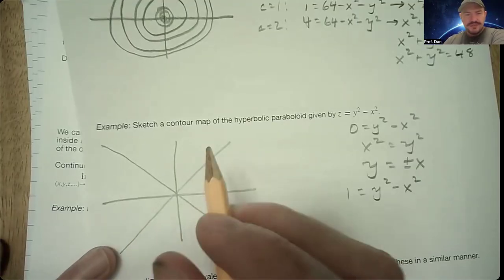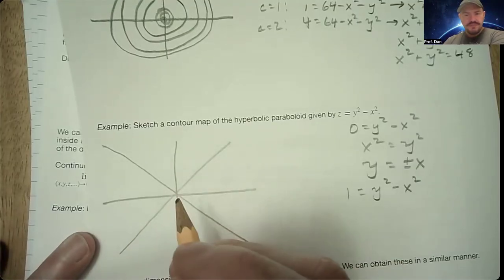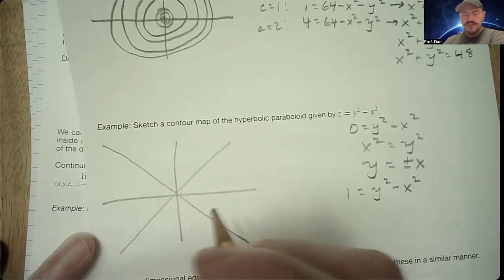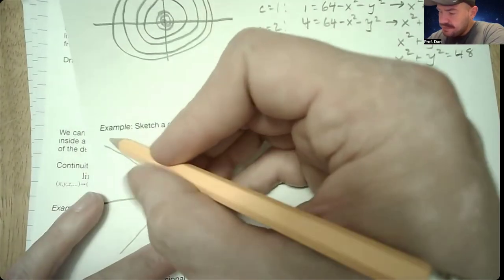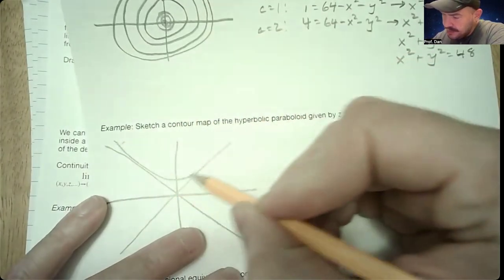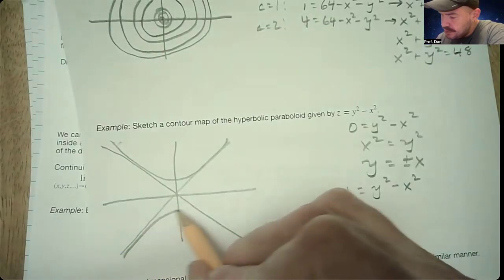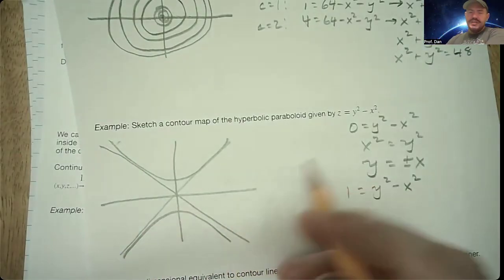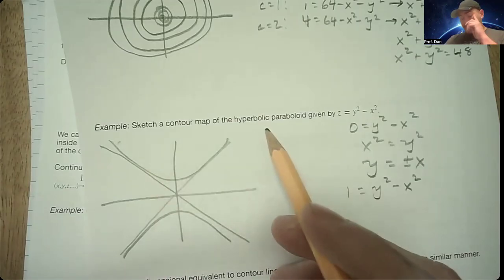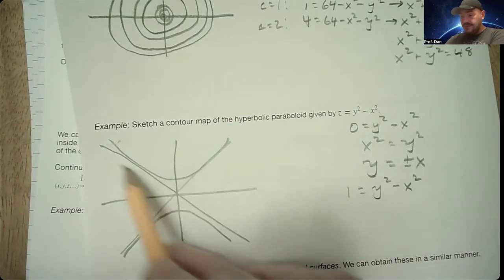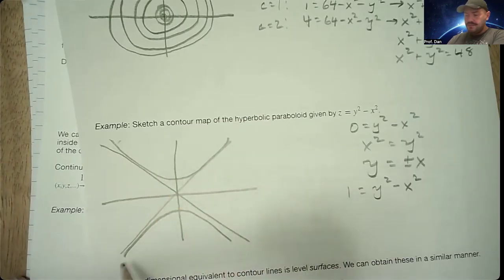Y squared minus x squared, actually, yeah, would make more this shape. Remember the hyperbola is the one where you have two of these branches.